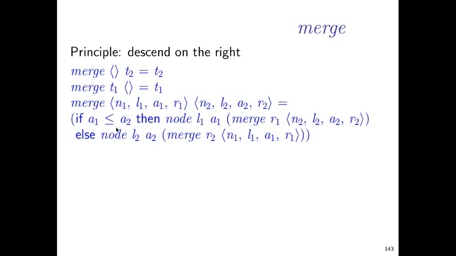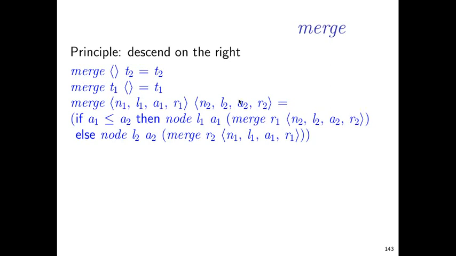So let's look at this case here. What do we do? This node here is a so-called smart constructor, so first ignore it and just assume it constructs the node with root A, left L, and right this argument.